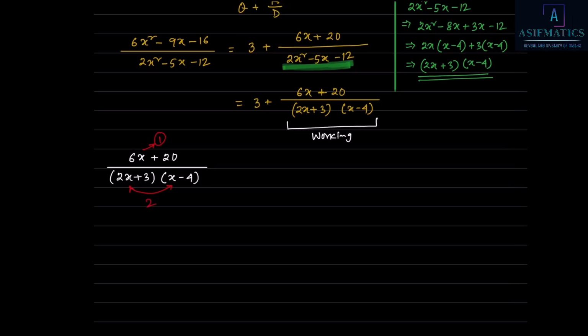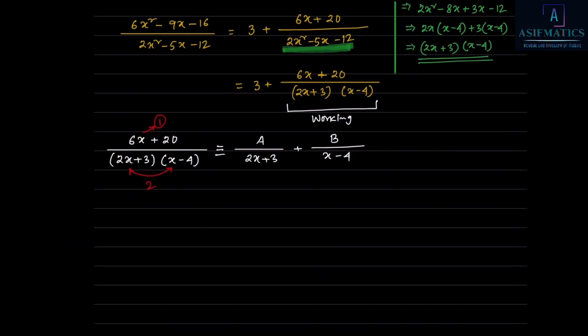So this is a proper fraction. As well, in the denominator, within the brackets, the power of x is always 1 for both. So this is our linear form case. So here we can directly write it is identical to A by 2x plus 3 plus B by x minus 4.